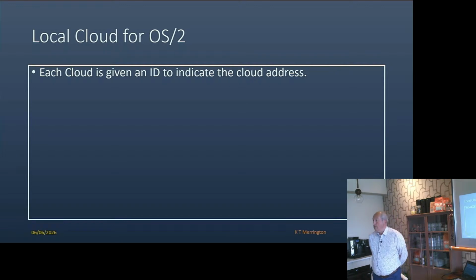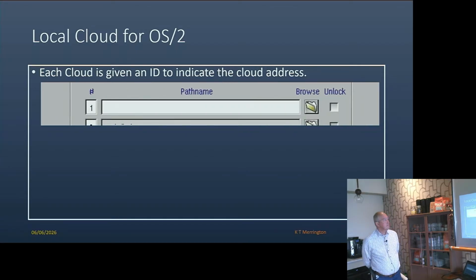Each cloud, to keep it simple, is given an identification, which is basically the cloud address. This is where you fill in your path name, and that is how you define the cloud.